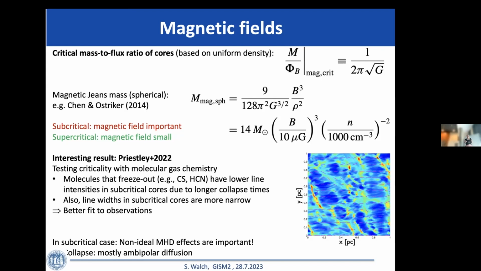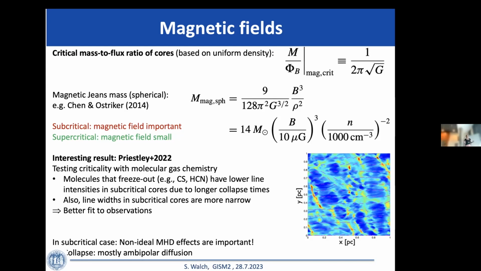So the longer time you have before you collapse your core, the more freeze-out you will have. When you have very magnetized cores, close to subcritical, or really subcritical, they don't collapse very efficiently.